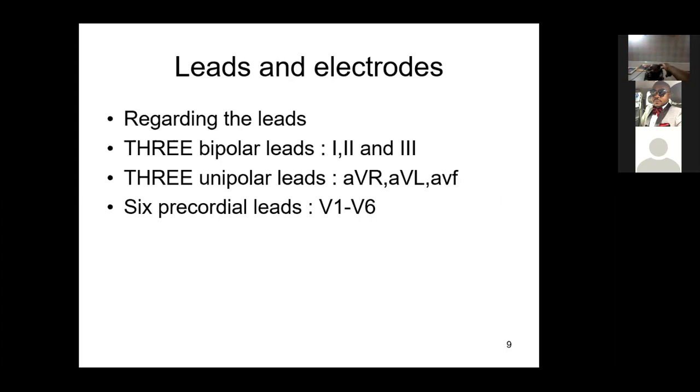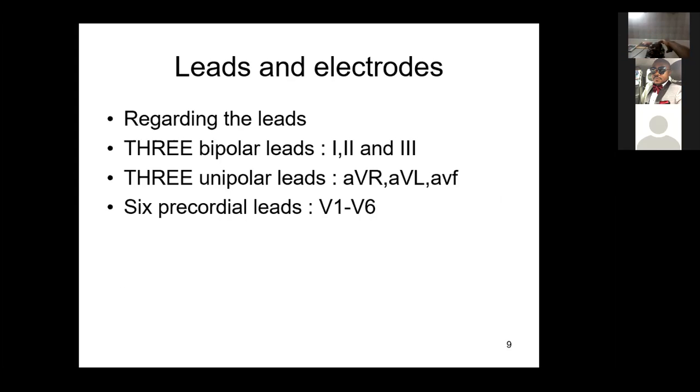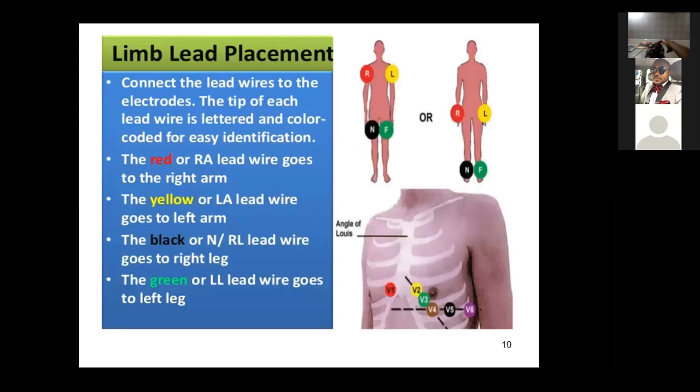So once again, the leads: there are 3 bipolar leads, that's 1, 2, and 3; 3 unipolar leads, the augmented right, augmented left, and augmented foot lead; and the 6 precordial leads, V1 to V6. And then this is a diagram showing the limb lead placement. Just to quickly revise, we connect the lead wires to the electrodes.